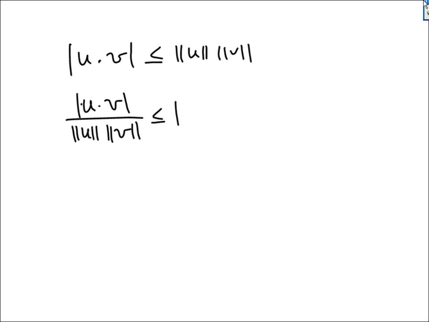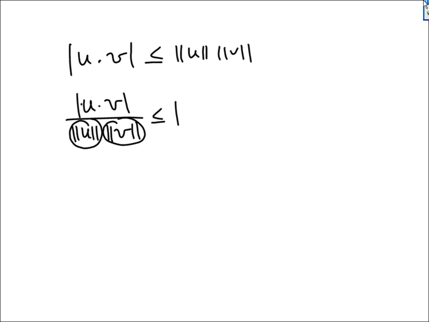Now, hand waving just a little bit, let's suppose that neither u nor v is 0. Then this is not 0 and this is not 0.